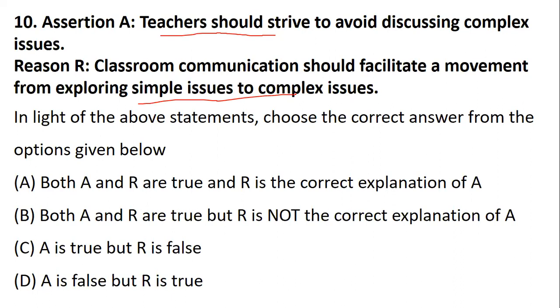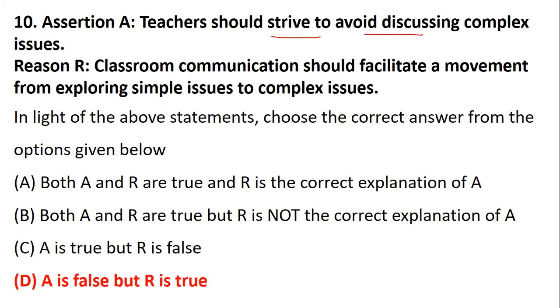If you look at assertion and reason, A is false. Obviously there should be no avoidance in discussing complex issues, especially with this generation and upcoming things going on in society. So teachers should not avoid discussing complex issues. If they avoid, that will be considered false. And yes, classroom communication should always explore simple issues to complex issues.